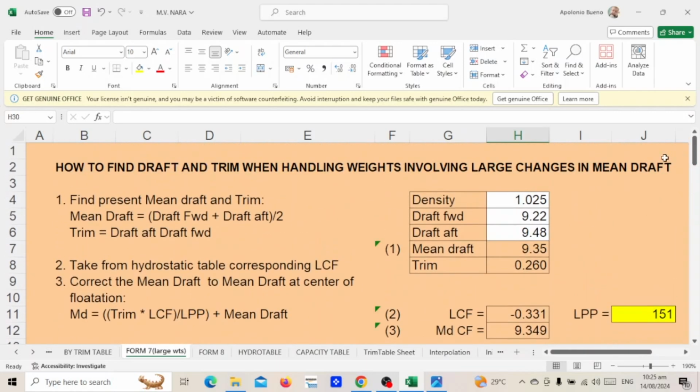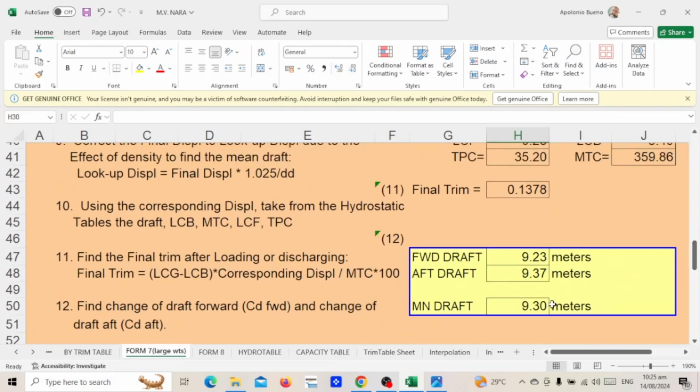The draft should be 9.23 forward, and your aft draft should be 9.37. Your mean draft is 9.30, and your trim should be 0.138.